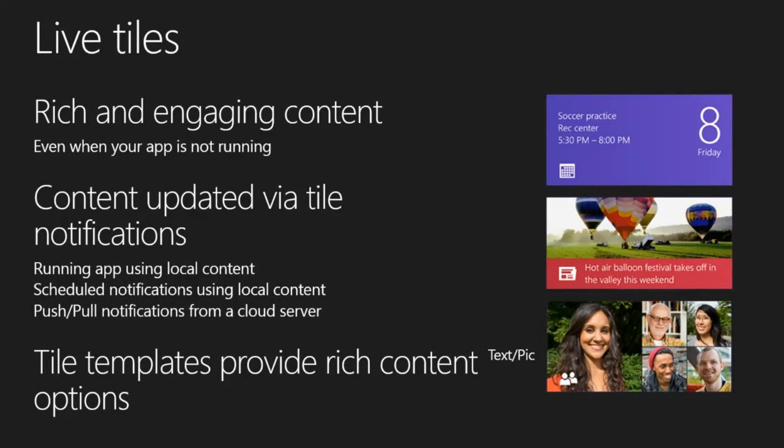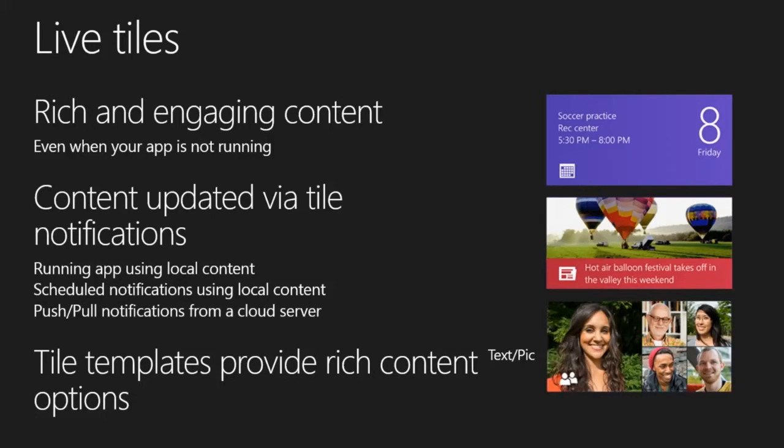Here's a great example of some live tiles. They're rich and engaging content, and they're usually held on the user's desktop. They run even when your app is not running. Their content can be updated via live notifications. It can run off of local content. It can run off of any CMS or backend system that you have that supports your live tile communication.